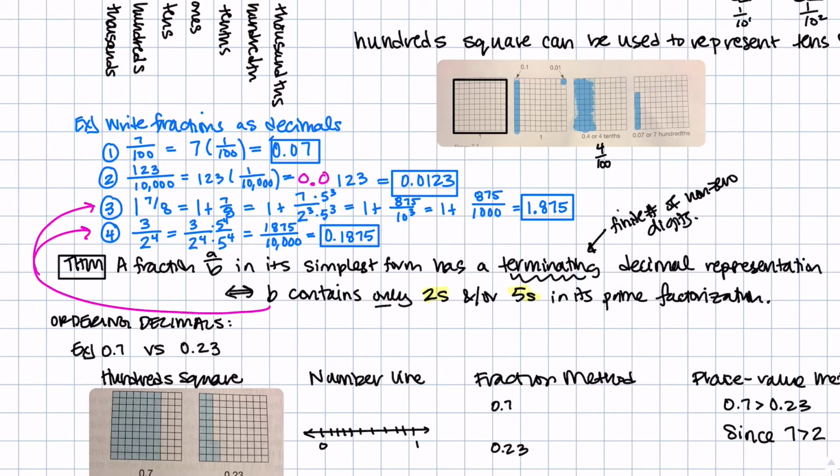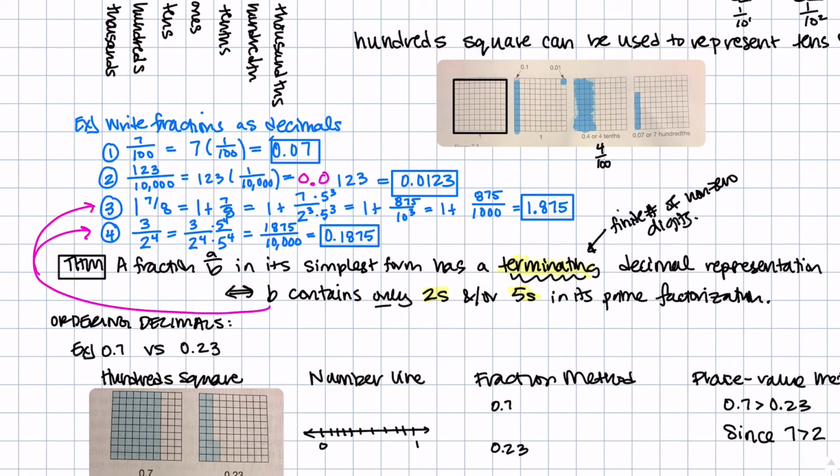But what this theorem basically gives us is a way of taking a fraction and telling whether or not it can be written as a terminating decimal. And when I say a terminating decimal, what I mean is one that ends, or repeats.